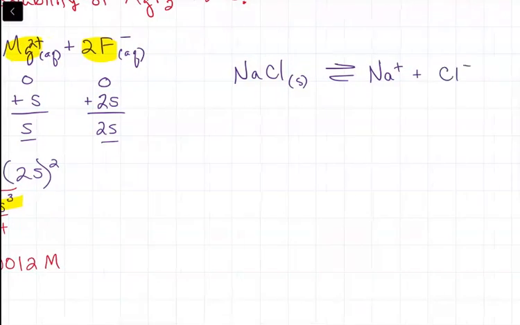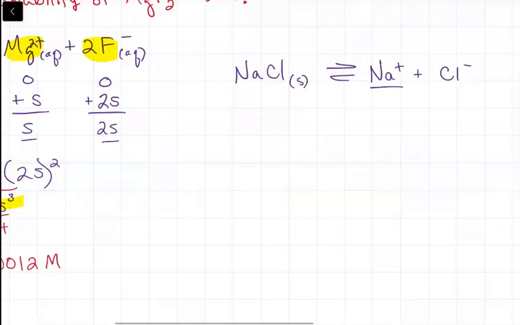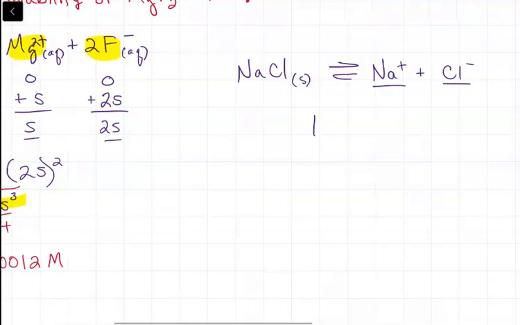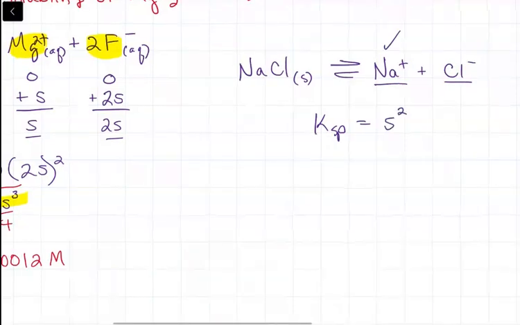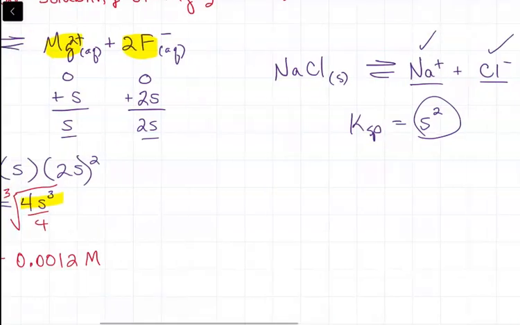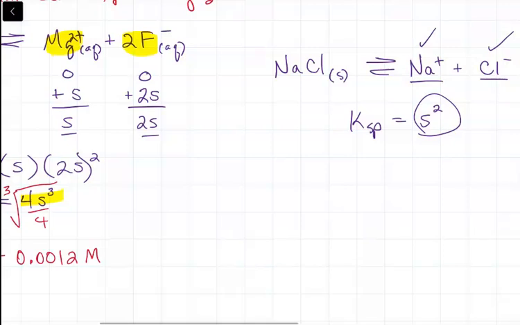We could do the ICE box, but these two are exactly the same because they don't have any coefficients, so it's just going to be Ksp equals S squared. So anytime you have 2 ions on the product side, Ksp is equal to S squared. Anytime you have 3, it's going to be 4S cubed.